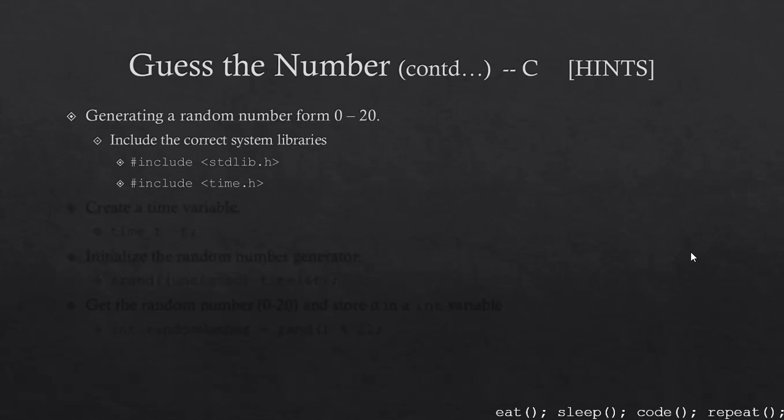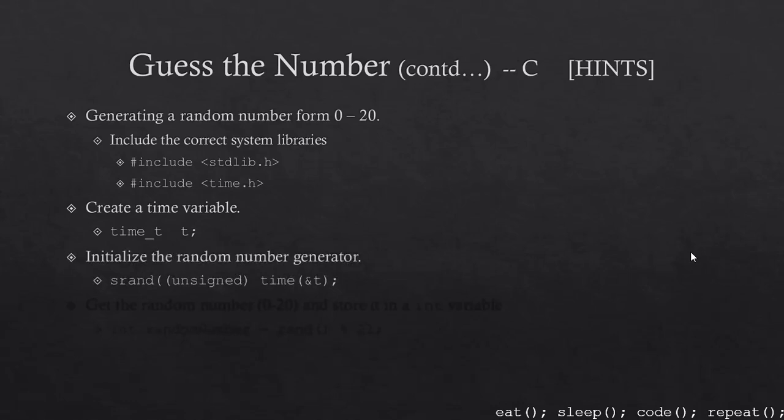Using the current time, then we have a time variable, which is time_t. We just copy it as it is. Then initializing the random generator as srand, parenthesis, unsigned, closed parenthesis, and time. Just copy it; you don't need to get into what these mean.